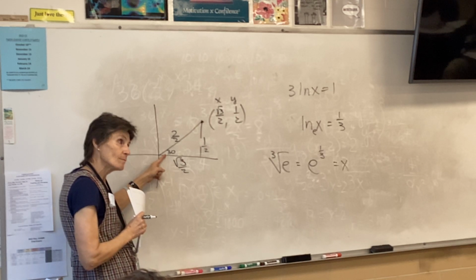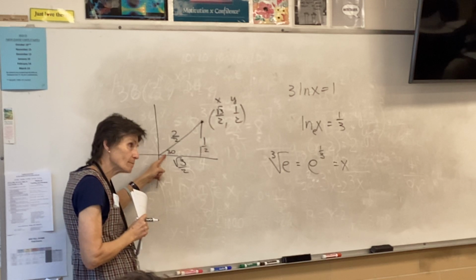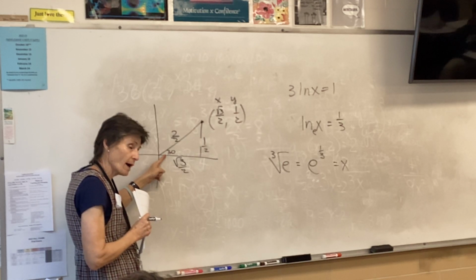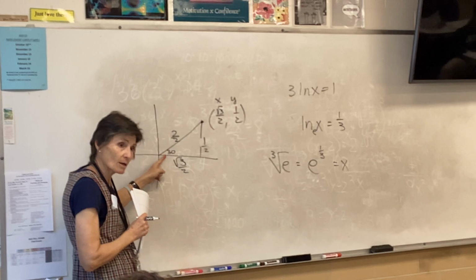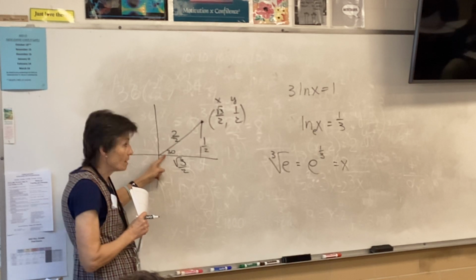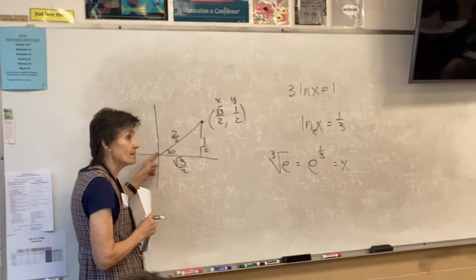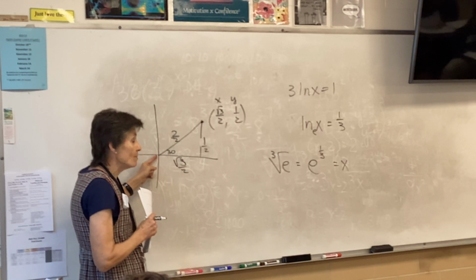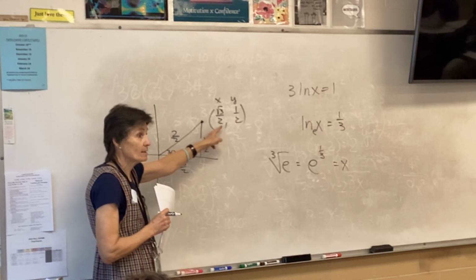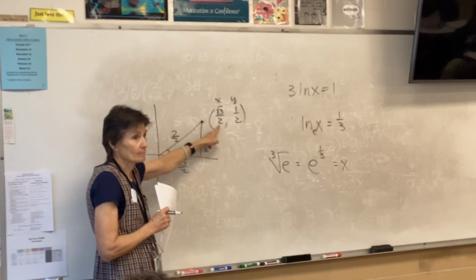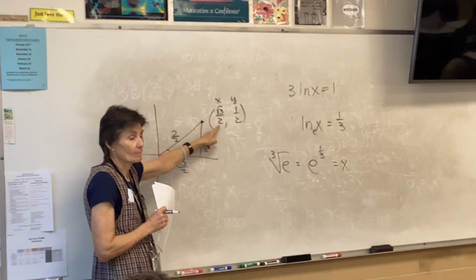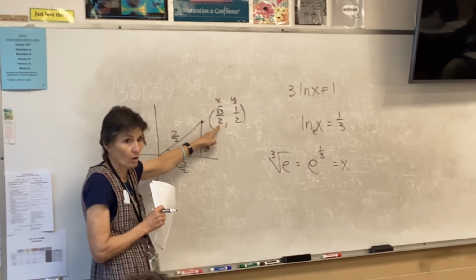Now, what's cosine? Cosine is x over r. Well, if the radius is 1, then isn't the cosine just x? Cosine is x over r.